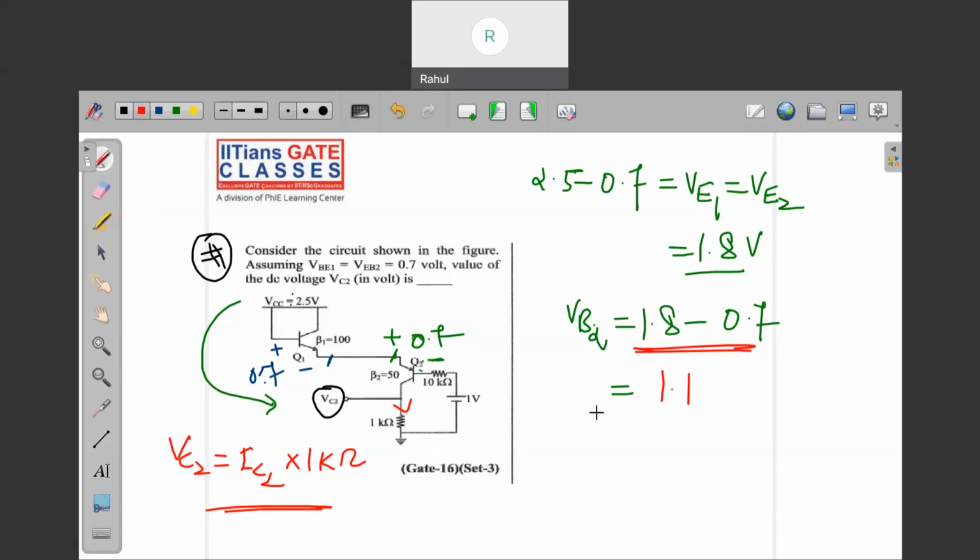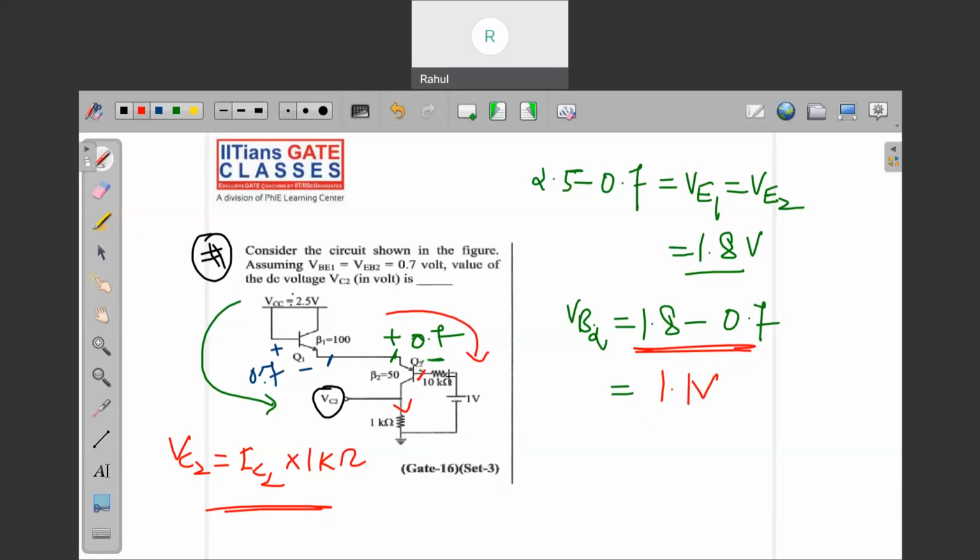So VB2, the potential at this point, is known, because the potential at this point is 1.8, and if again you are coming down, you have got 1.1 volt. Now you can write IB.